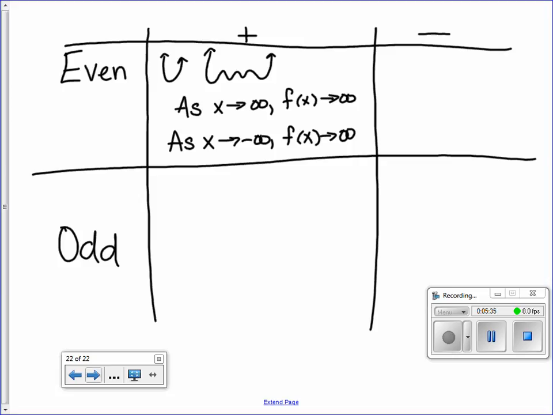If it's a negative lead coefficient, down with the frown. Again, you can have like 1,000 little lumps in there, whatever. But it's still going to be down and down. x goes to the right, and what happens to f of x?